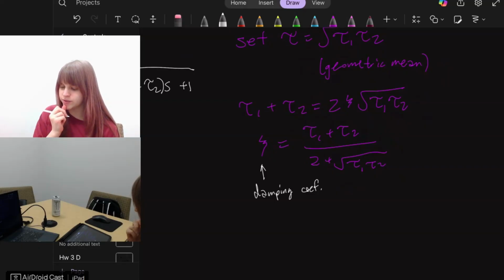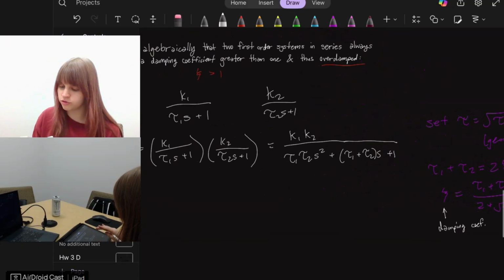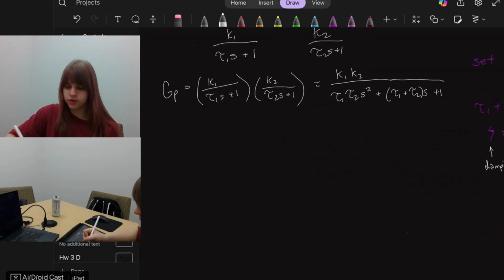And what we want to do is prove that this will always be greater than 1. So one thing that we know is the arithmetic mean is always going to be greater than or equal to the geometric mean.